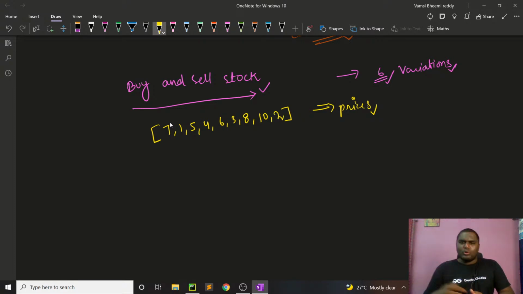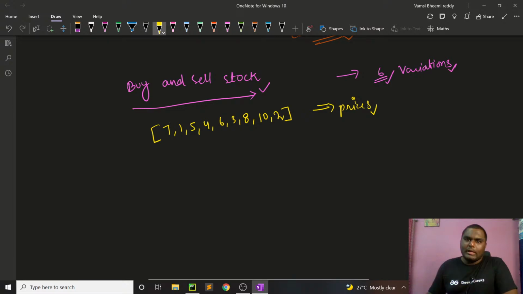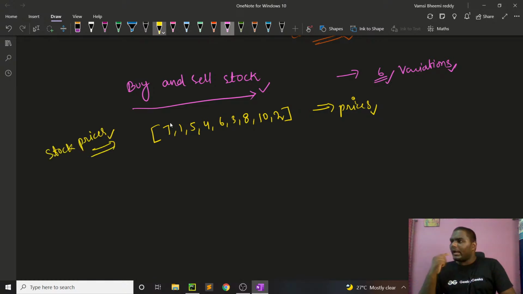Let's assume these are the stock prices. Now what you can do is buy a stock and then sell a stock.